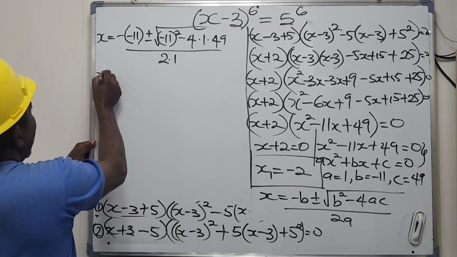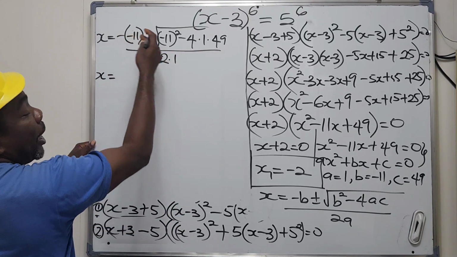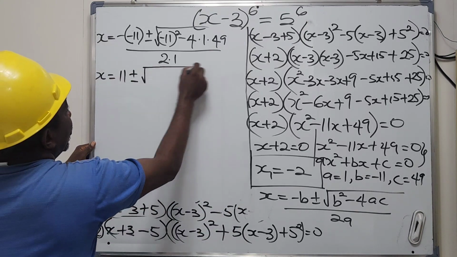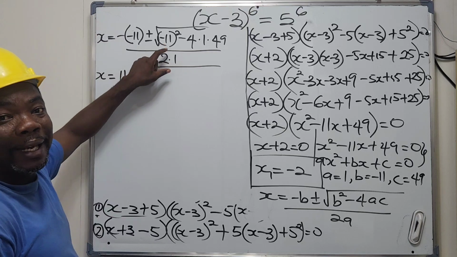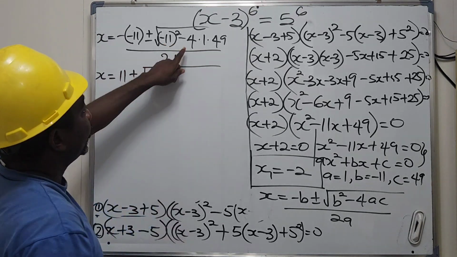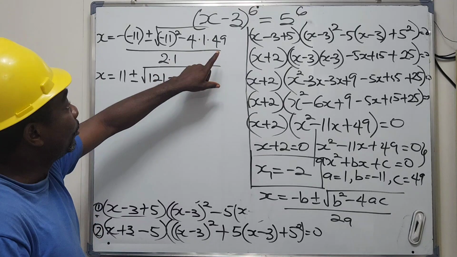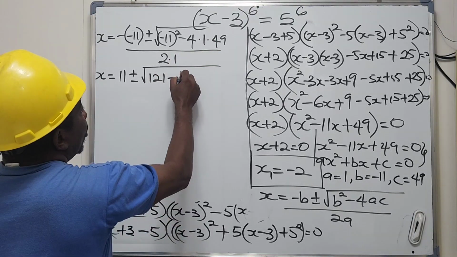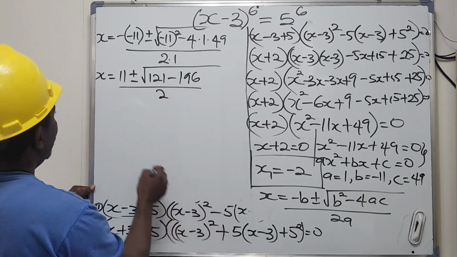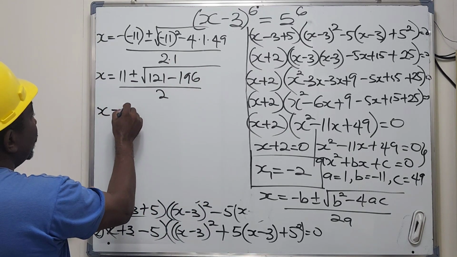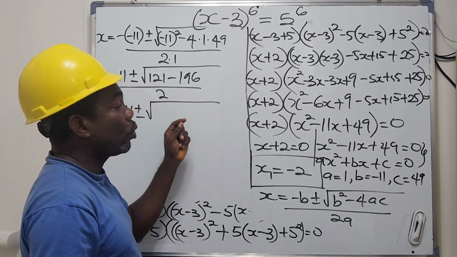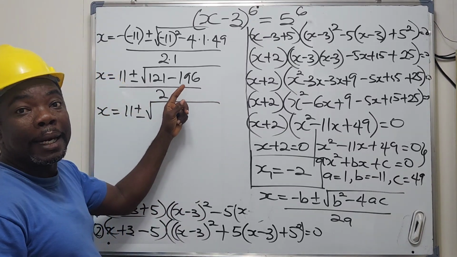So this will become x equals to minus times minus 11 becomes 11, plus or minus square root of minus 11 to the power of 2 is 121 minus 4 times 1 times 49 will become 196, all over 2. 2 times 1 is 2. So we have the value of x equals to 11 plus or minus square root of 121 minus 196.